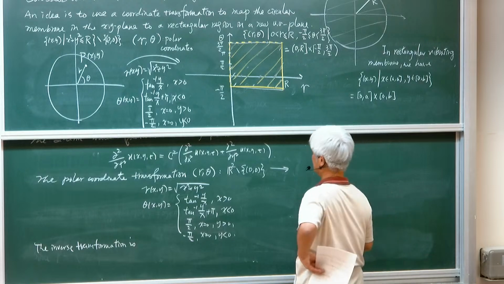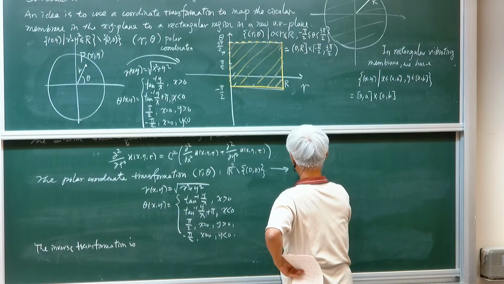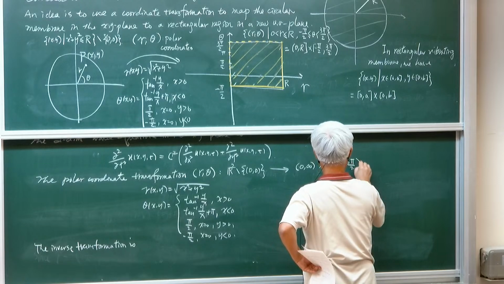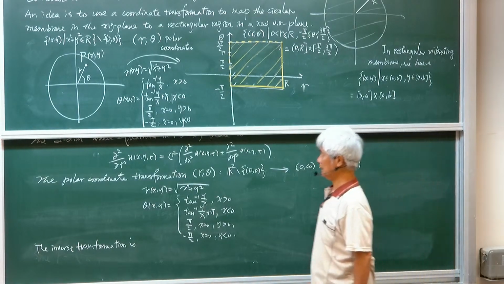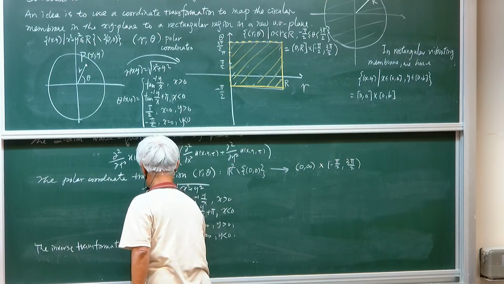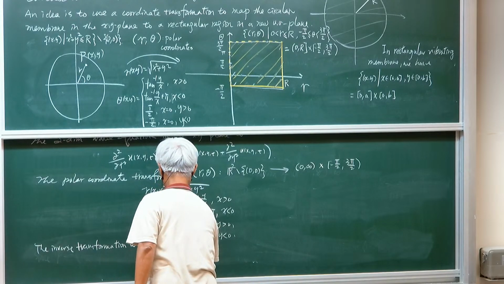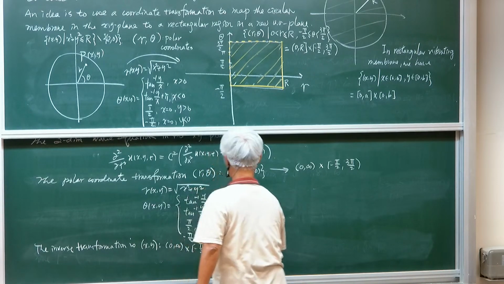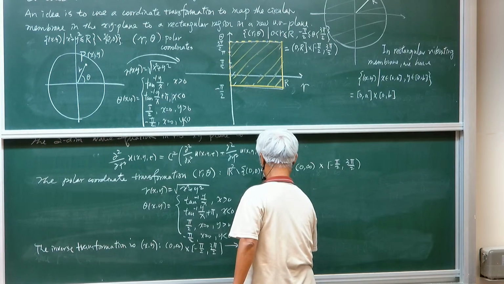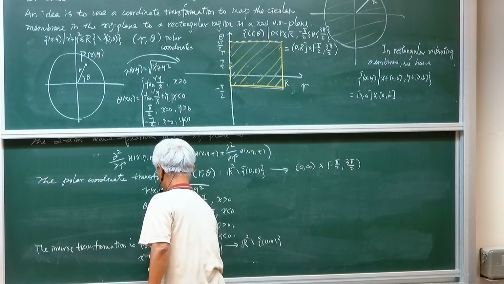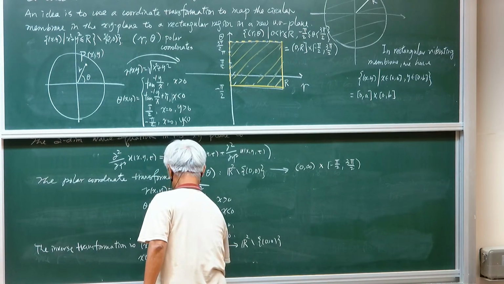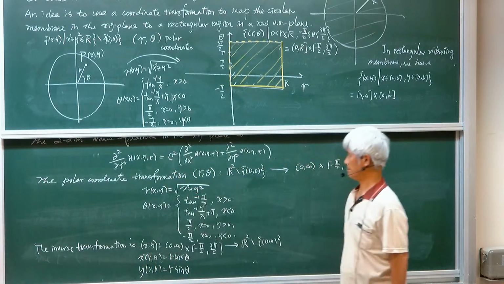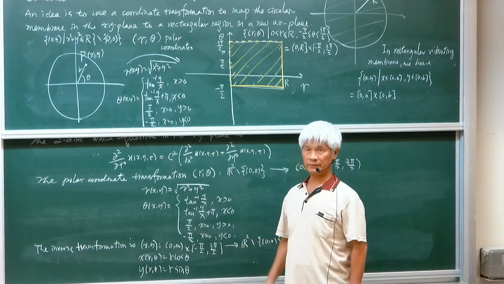The r ranges from 0 to infinity. So the inverse transformation is x(r, theta) equals r cosine theta, y(r, theta) equals r sine theta. So this is the inverse coordinate transformation we have.